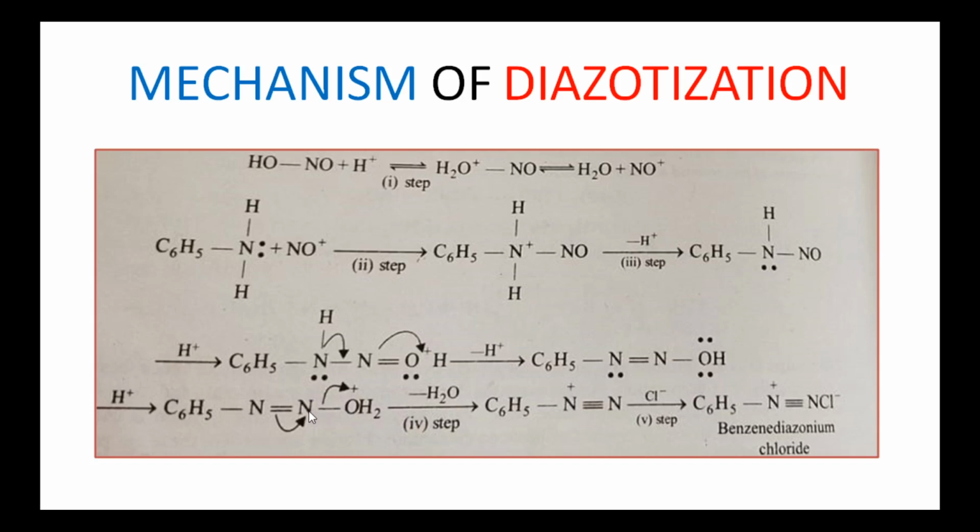Then the first nitrogen accepts the electrons from the second nitrogen atom, forming a triple bond. This molecule reacts with chloride ions in the last step, forming benzene diazonium chloride, which has the formula C6H5N triple bond N Cl.